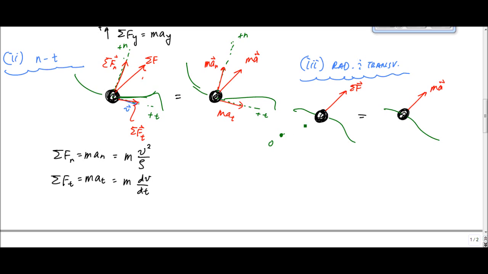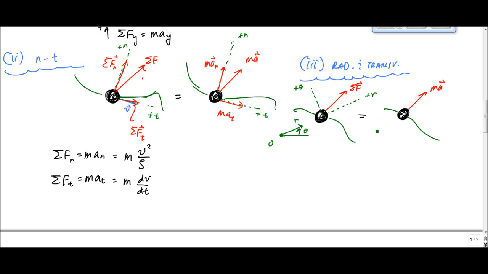So there's a line going like this, and this is my plus r direction. And my plus theta direction is 90 degrees to the r, going counterclockwise. So this would be my plus theta orientation.